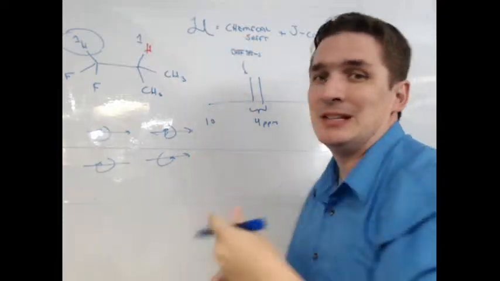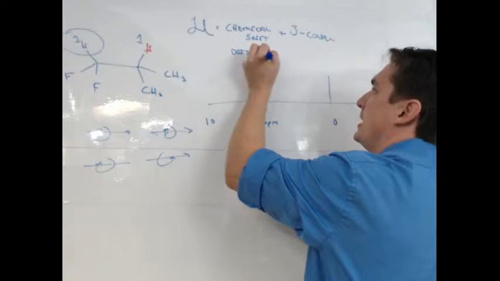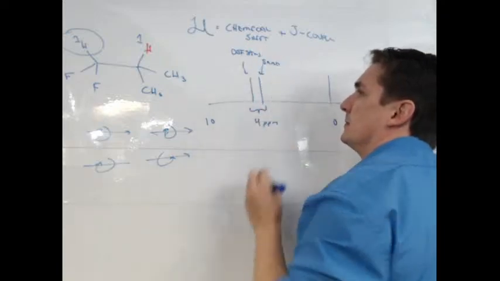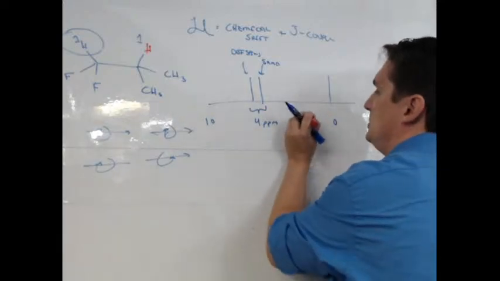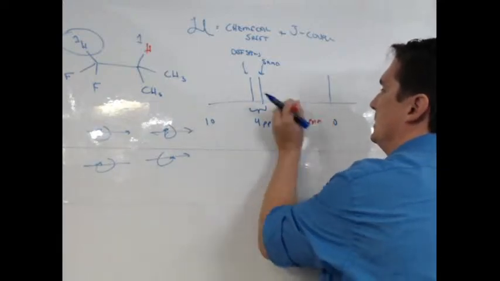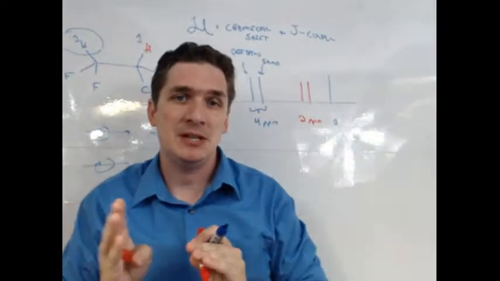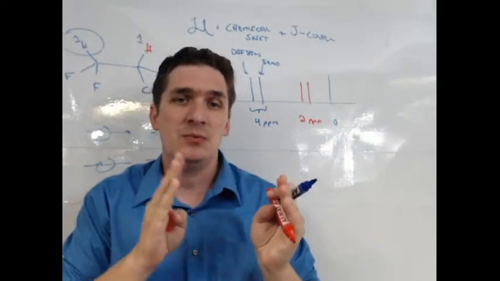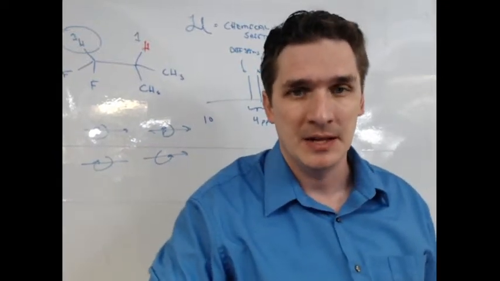And when we say spins, we mean alignments, not like spin 1/2. And then we have another where they have the same. For this hydrogen, it's going to have a chemical shift closer to about 2 ppm. And we're going to see the same thing where half of them see a hydrogen that is with the same spin, the other half see a hydrogen that has an opposite spin, angular momentum.